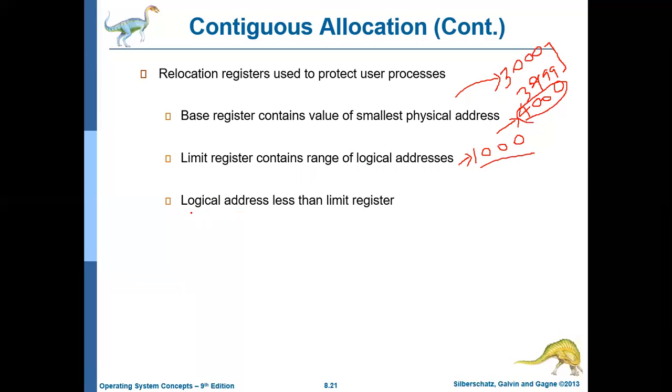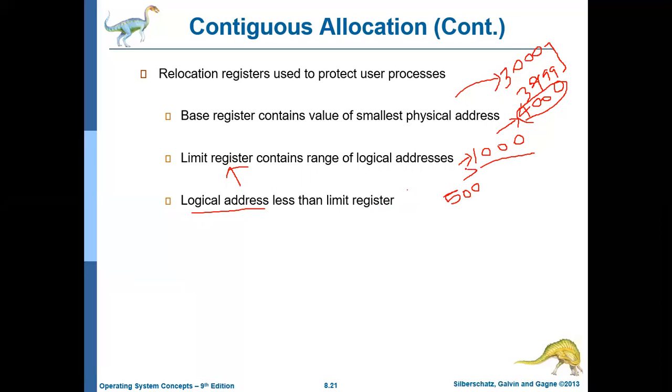Now the CPU will give a logical address and say that I want to access this location. The memory hardware will check whether the logical address given by the CPU is less than the limit register value or not. Say the CPU says that I want to access memory location 500. The memory hardware will check whether it is less than the content of the limit register.